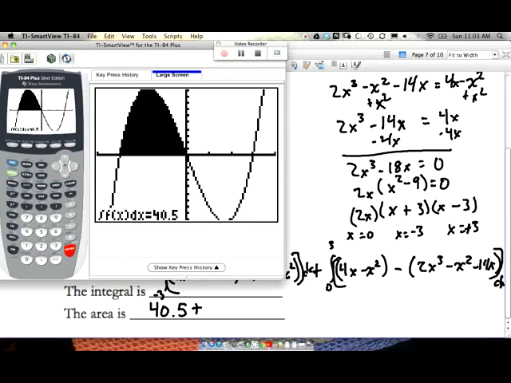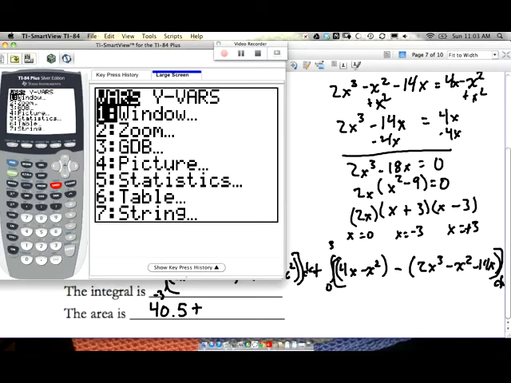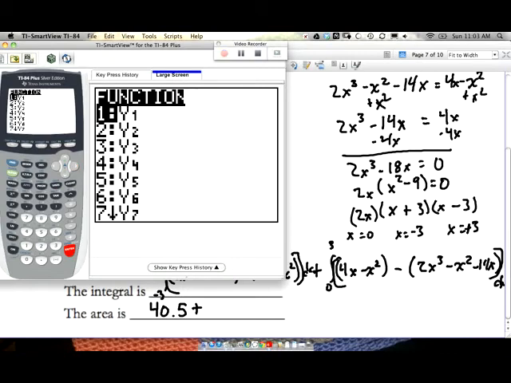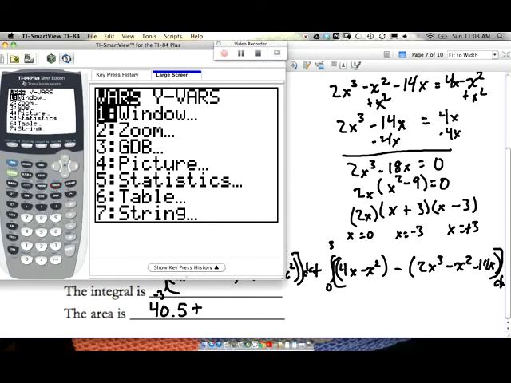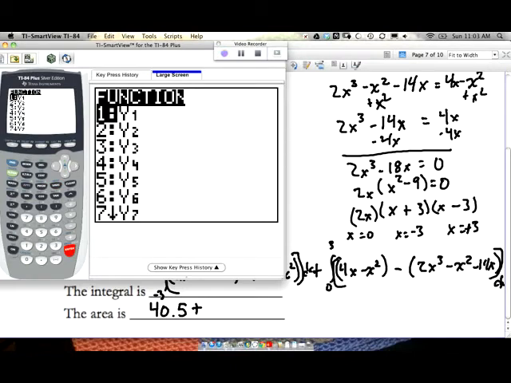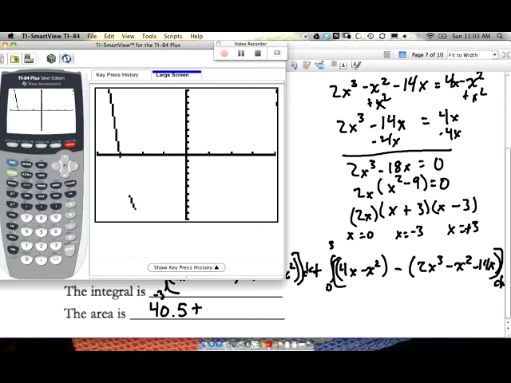So for the second one, now I'm going to go to the y equals. I'm going to do a new curve here. I'm going to switch those around. So variables, y variables, function, and this time I'm going to do y2 minus y1. So now I'm going to turn this first one off, and you guys will see what happens to that area this time.